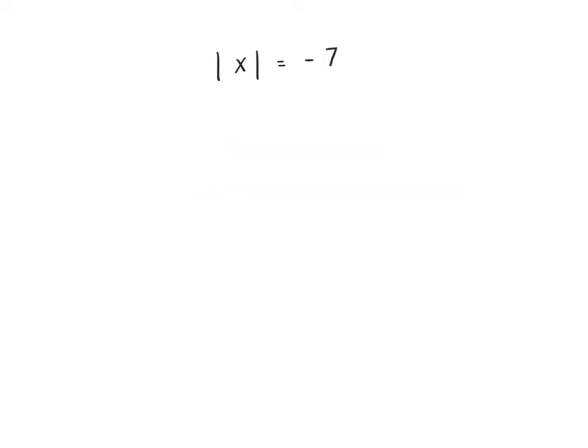Now, the absolute value of x is -7. Well, if you start to think about that in terms of what absolute value means, again, in terms of distance, who is -7 away from 0? When we talk about distance, distance can only be a positive measurement.